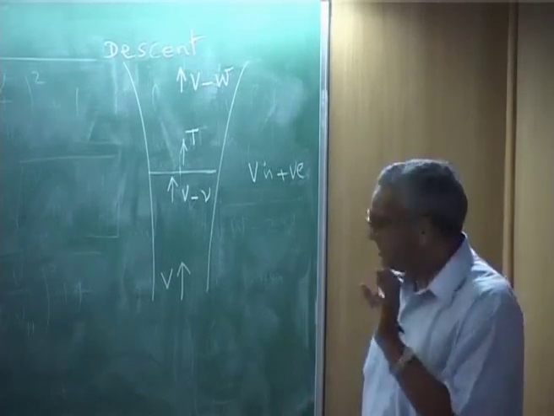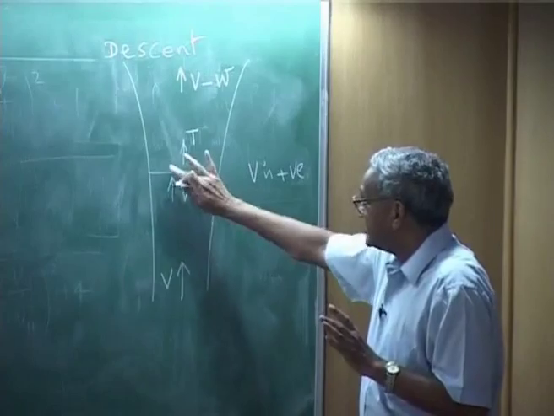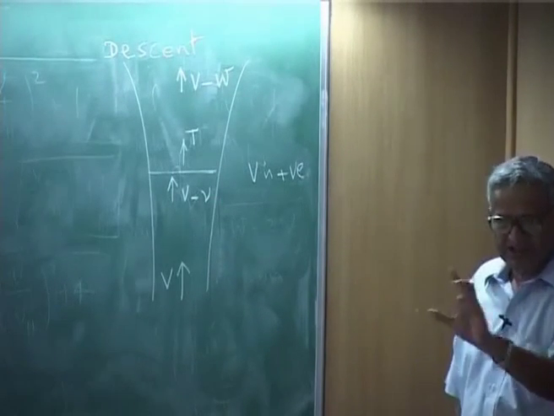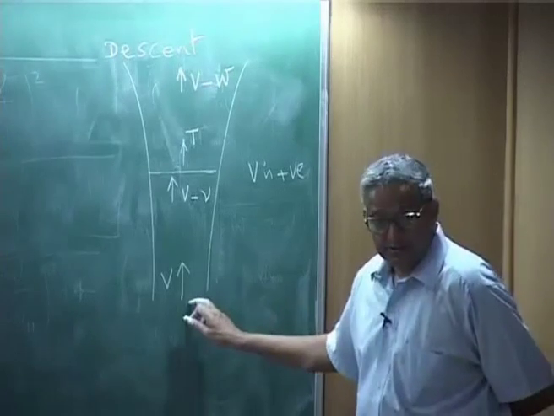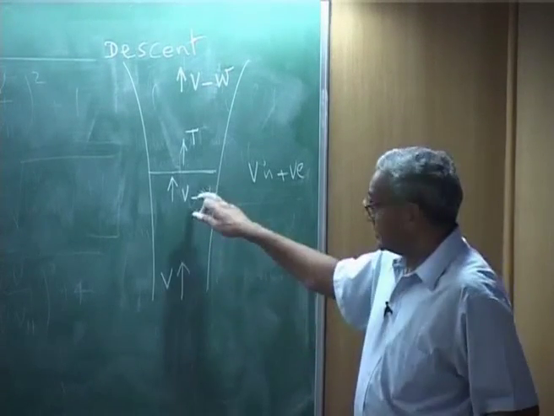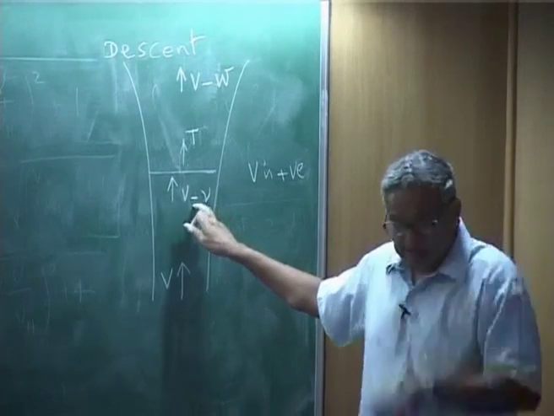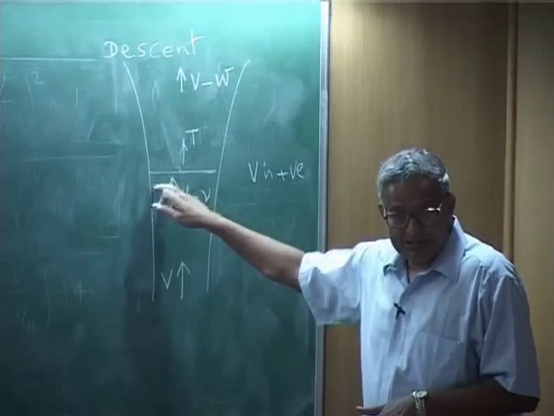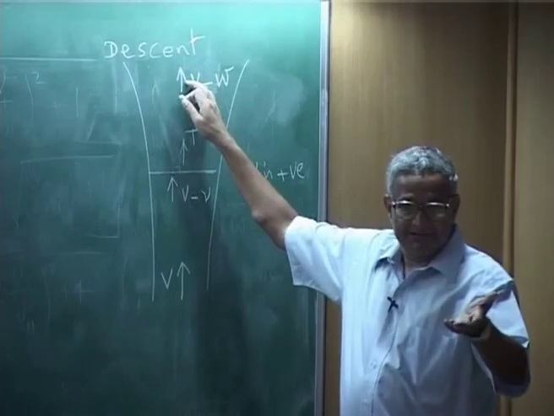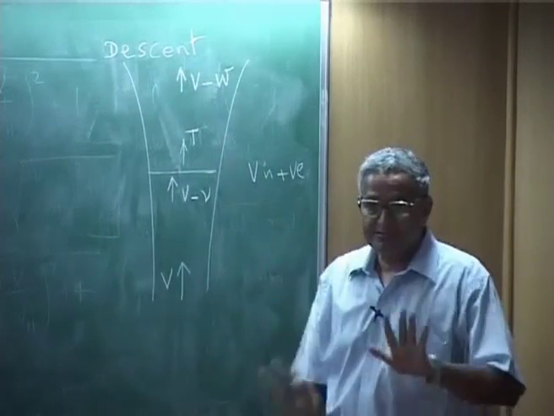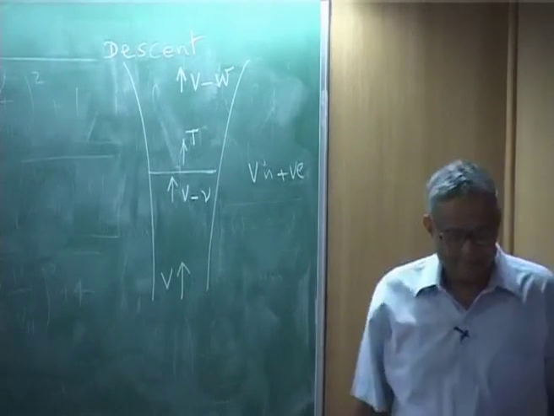Is this clear? Actually this flow is going down, so the velocity here decreases, velocity here further decreases, but everywhere V I am plotting it up.